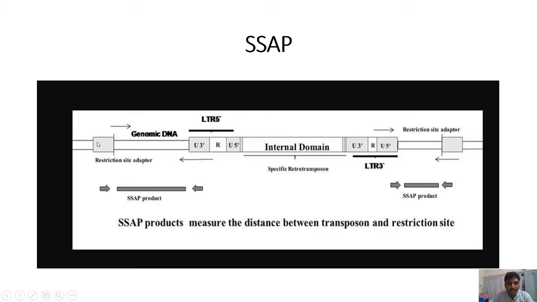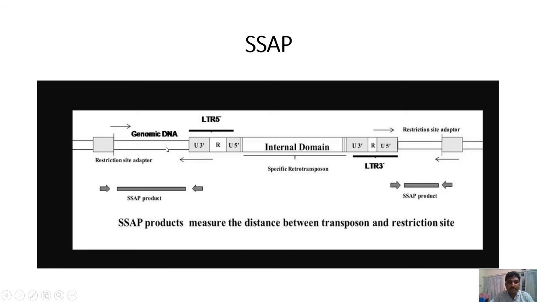After that, you have to add adapters on both of its ends. See, this is an adapter and this is also an adapter. Here, one primer is targeted against this adapter and another primer is targeted against the LTR sequence of the retrotransposon. That means if a retrotransposon is inserted within the genome near a restriction site, then only those regions will get amplified.